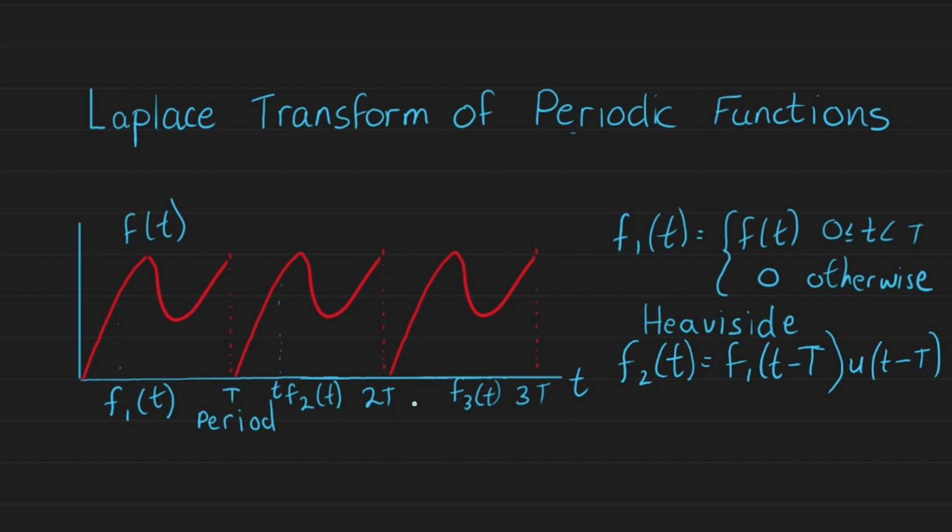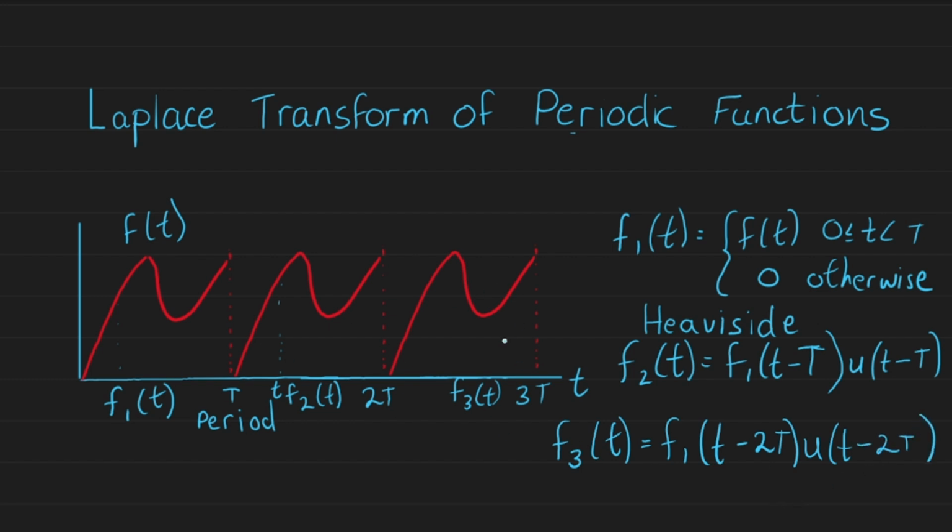So that's how it actually works. So if we wanted to write f3, we would do it in the exact same way. We would say f3 as a function of time is equal to f1, but in this case we'll need to subtract 2T. There's 1T and there's 2T. So we'll have f1(t minus 2T) times u(t minus 2T).